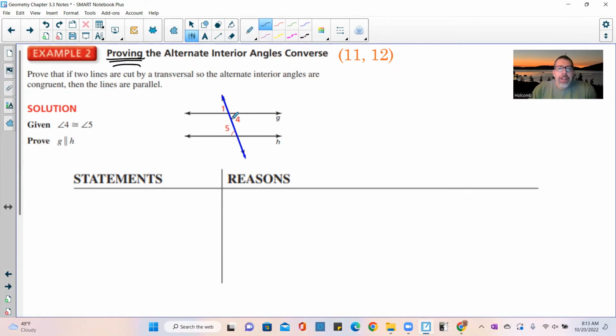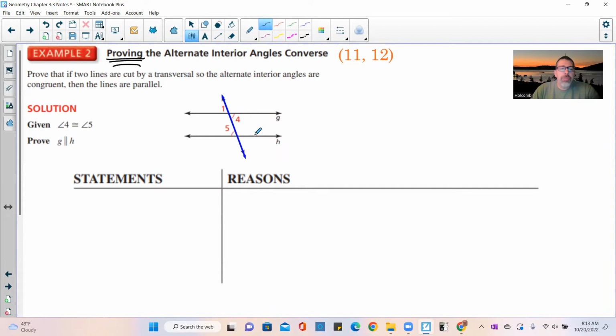All right, so in this diagram, this arc and this arc here tell the reader that they're congruent angles. So we can use that as a given. We are given angle 4 is congruent to angle 5. We are trying to prove line G is parallel to H. I am not going to mark these parallel now.